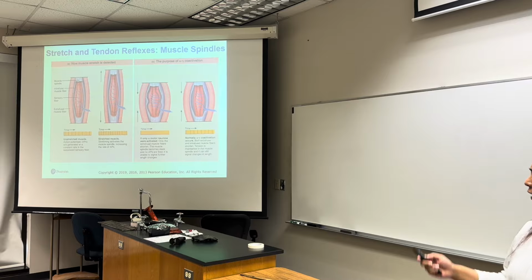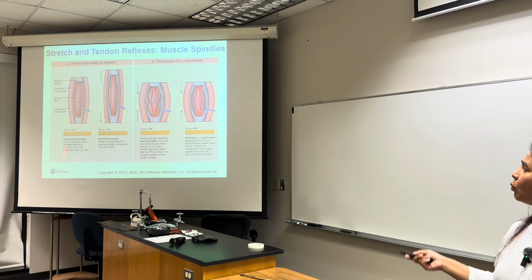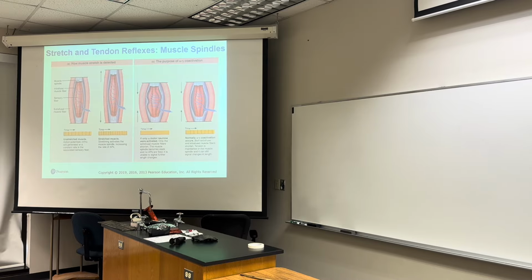So now, what is the information that you are trying to send? Whenever you have a normally unstretched muscle, you are continuously sending information to your central nervous system that you are fine, right? There is always a baseline action potential sent to your central nervous system saying that it is not stretched or anything, it is fine.